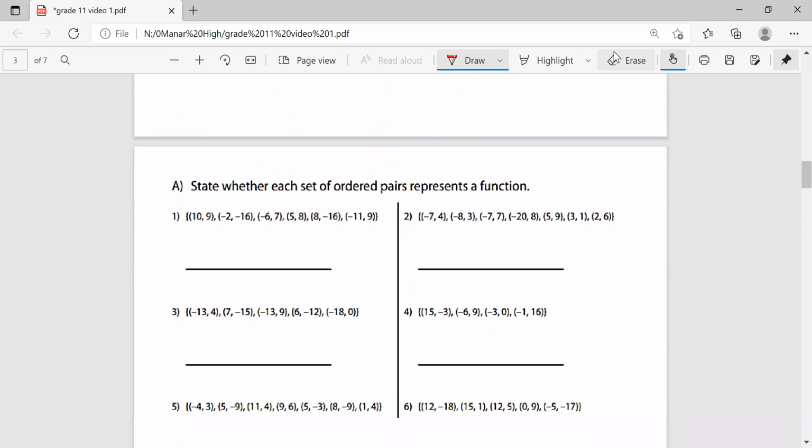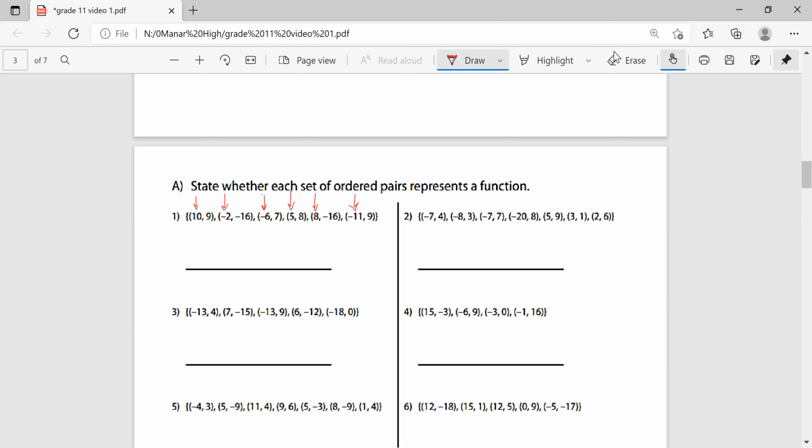Okay? Let's see another example. Here, if it is ordered pairs, I want to state whether it's a function or not. My eyes are concentrating on the domain, or on the x-values only. Here, 10, -2, -6, 5, 8, -11.